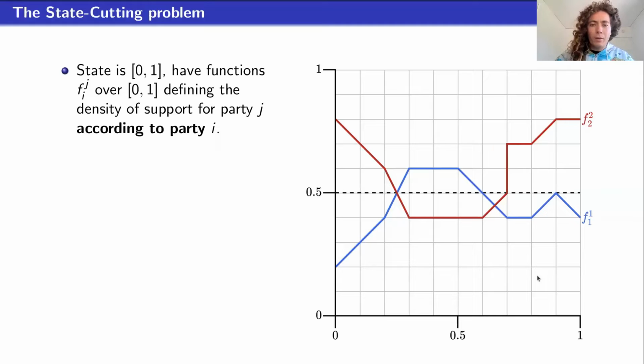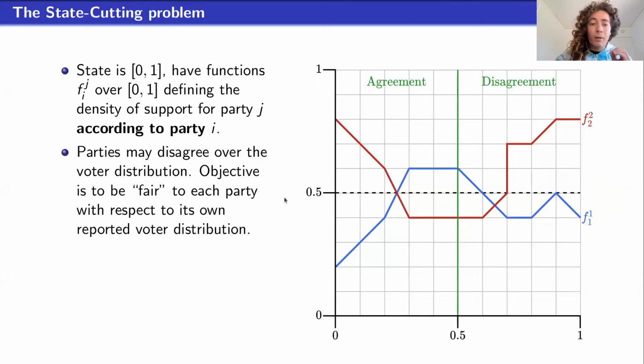And so you notice that there can be 2 different views of reality here. And this is actually a key feature of our model, and I'll justify it in a moment: parties can disagree over where voters are. So in this little toy running example, on the left half of the state, they just happen to agree because they're inverses of each other reflected across the line 0.5. On the right half of the state, they happen to disagree about where voters are distributed.